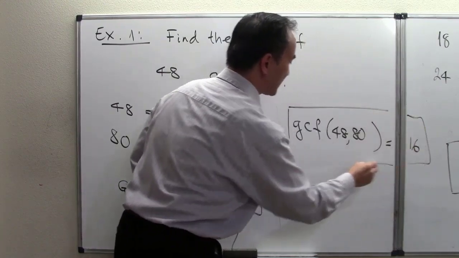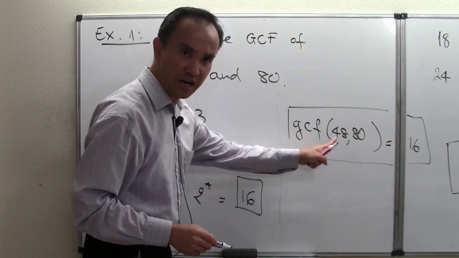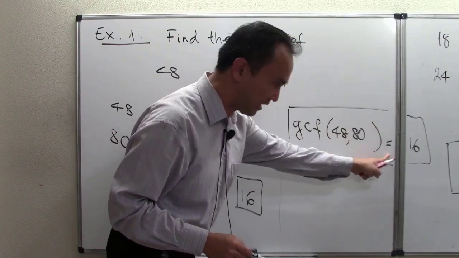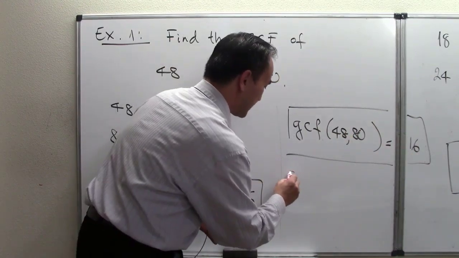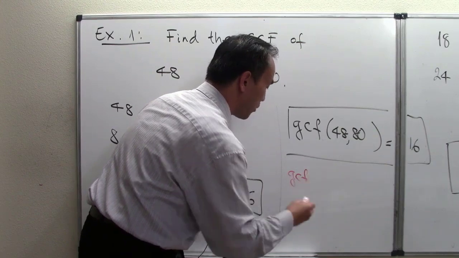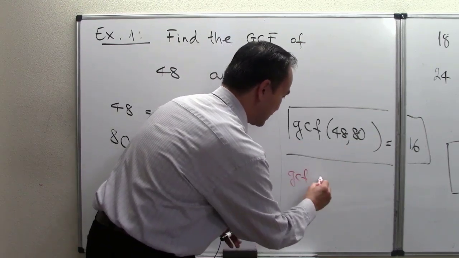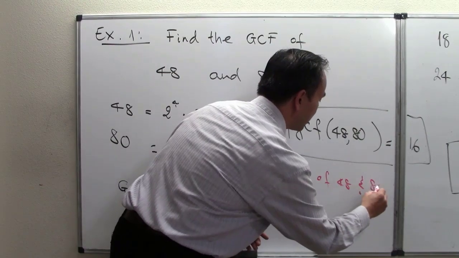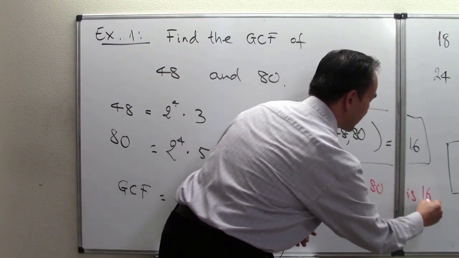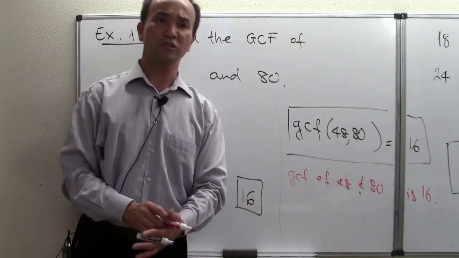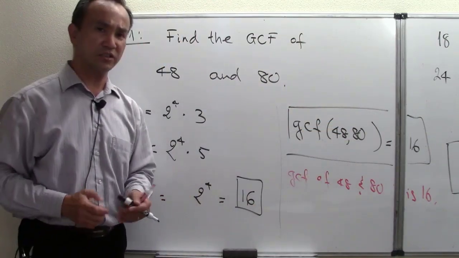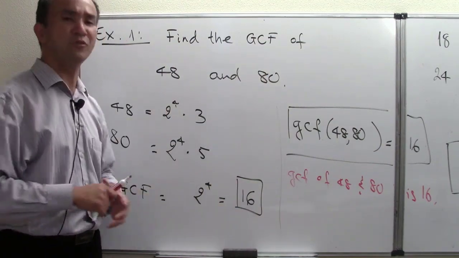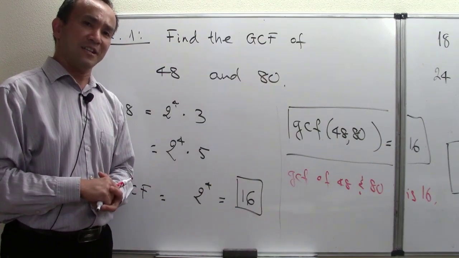That's one way of making a statement that the GCF of 48 and 80 is 16. It's just a way to communicate the answer. But this is just an optional notation, a symbolic statement to indicate the answer. As far as formal work, this is everything we need to know.